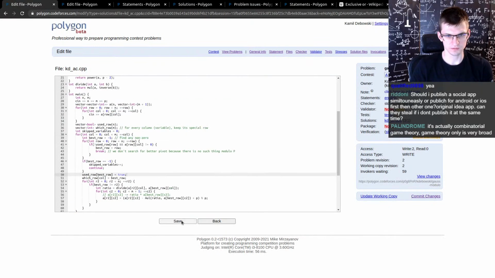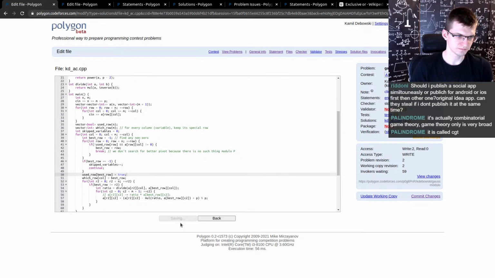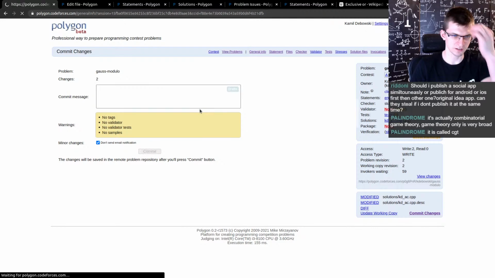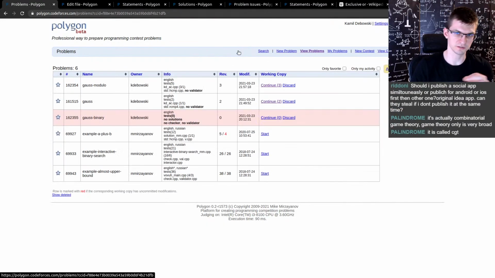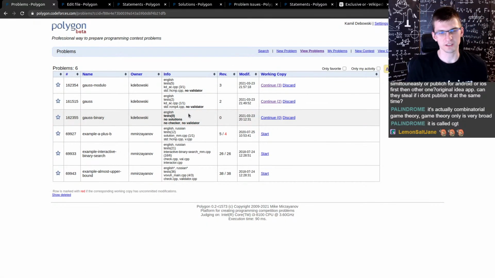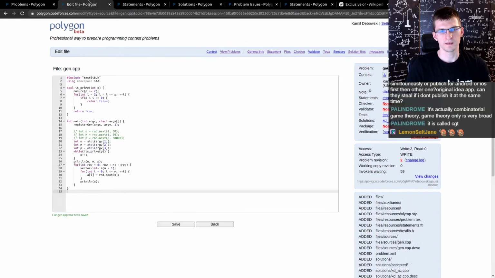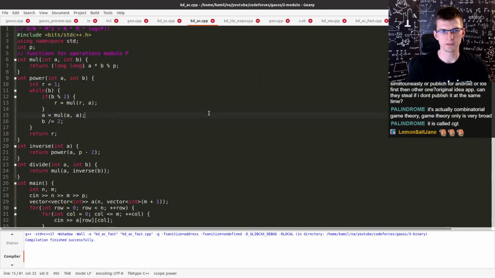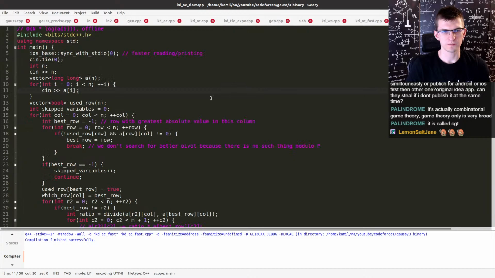Find any non-zero. Okay, and here this time I will cheat and not even send notification, just because there was just a comment in the code. I close that. Gauss modulo, and let's continue.